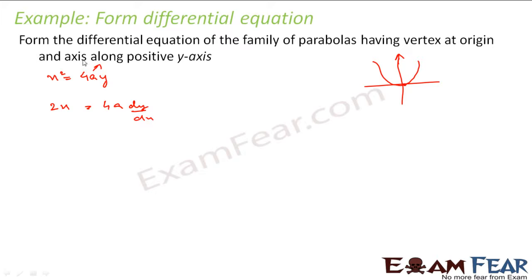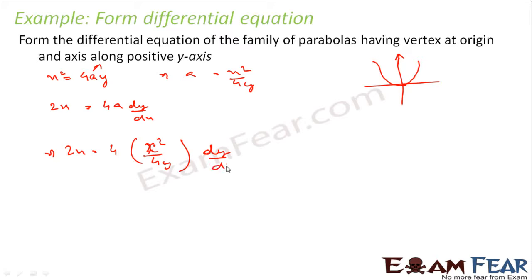A we can put from this equation. From this equation we got a is x square by 4y, because we need this value. So you get 2x is equal to 4 times x square by 4y, into dy by dx. So this 4 cancels.